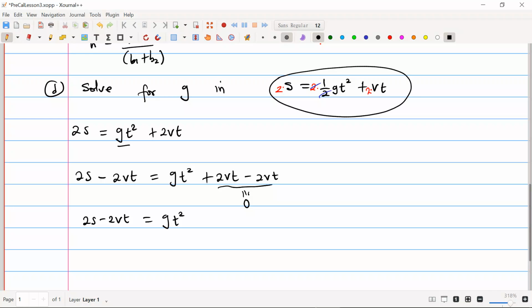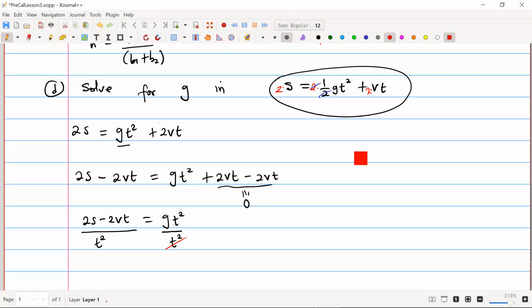So now I have an equation where g is standing alone with an expression attached to it. So the next thing I do, like I said, is to divide each side of the equation by whatever term is attached to the g that I don't want. Okay, the g is the variable of interest.